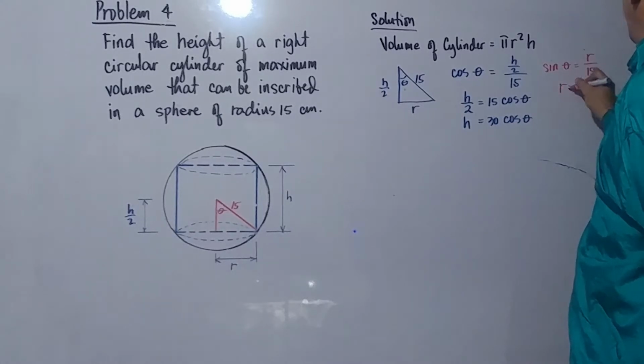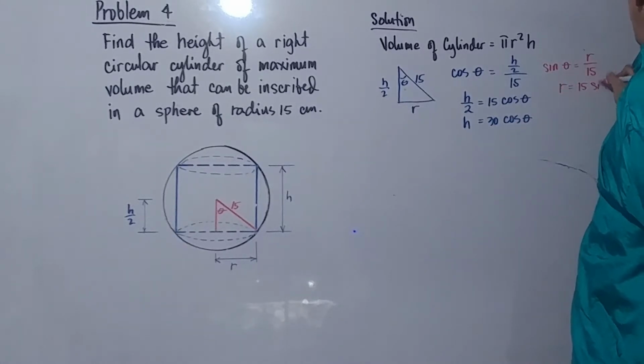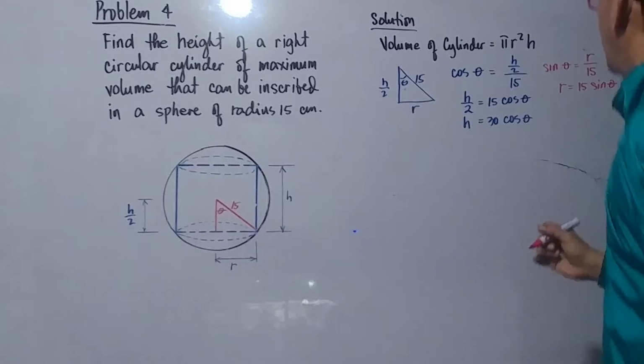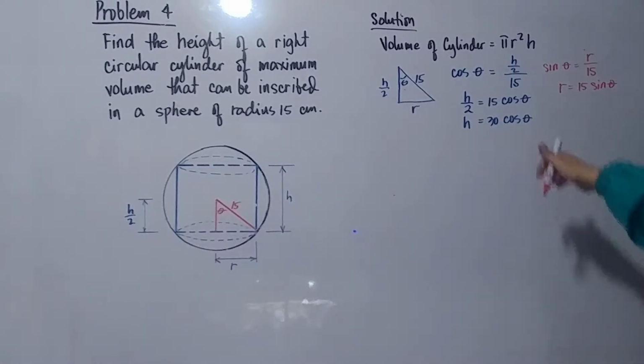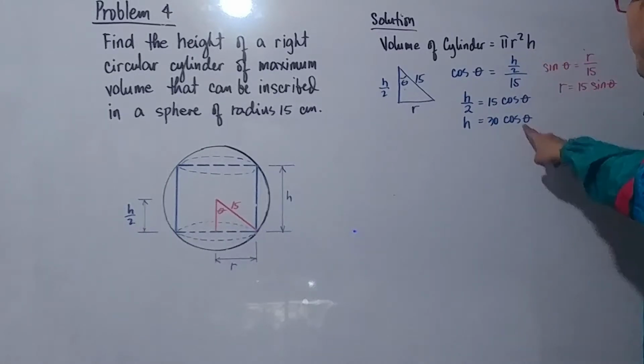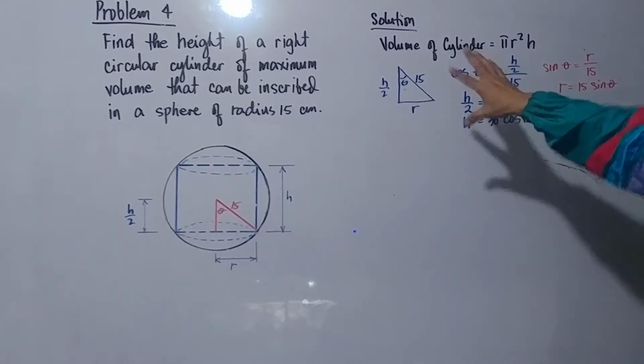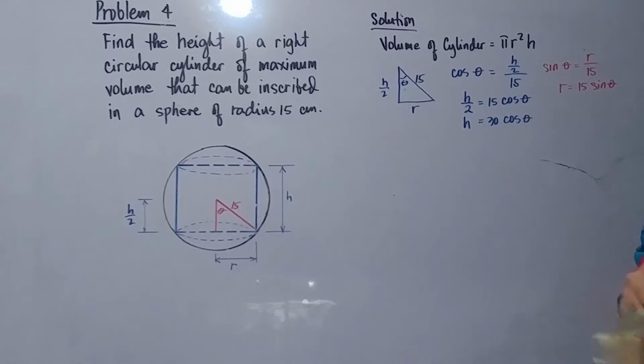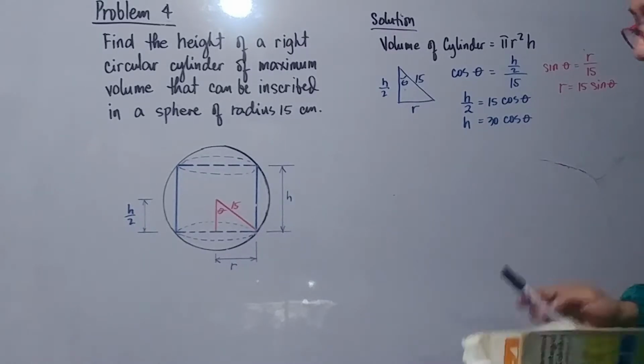So r now equals 15 sine theta. So we have now transformed our r and h in terms of theta. So we can now substitute values.